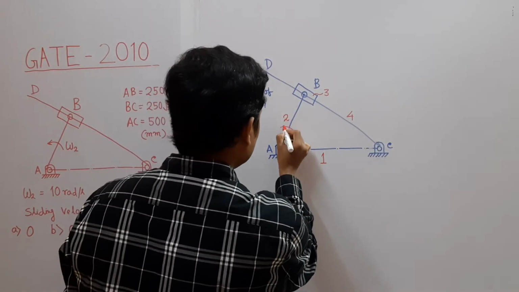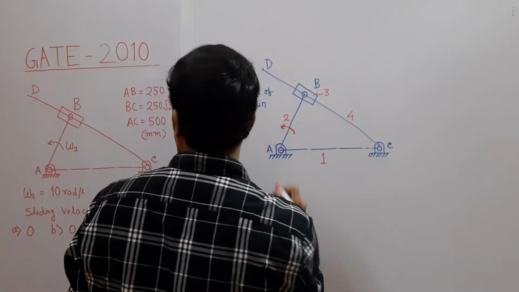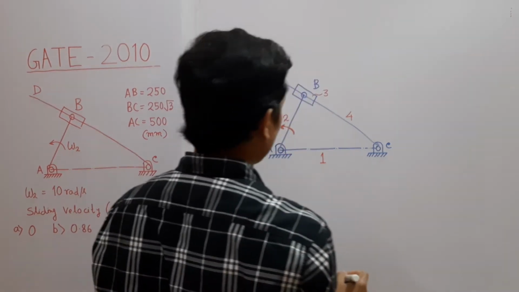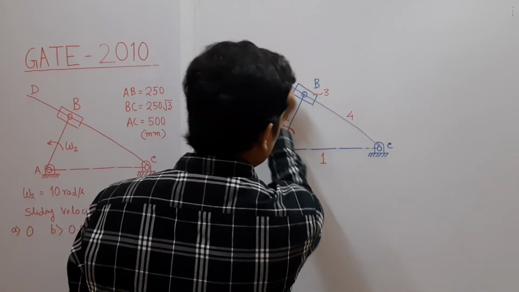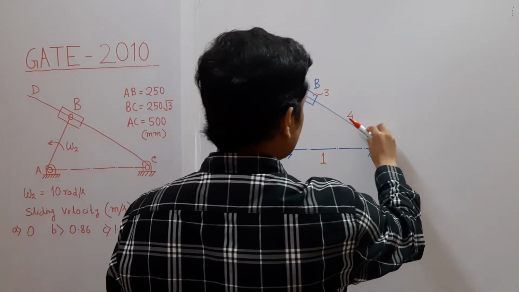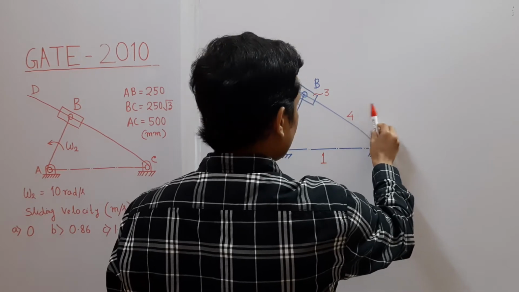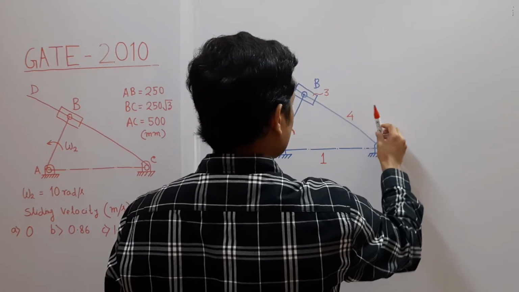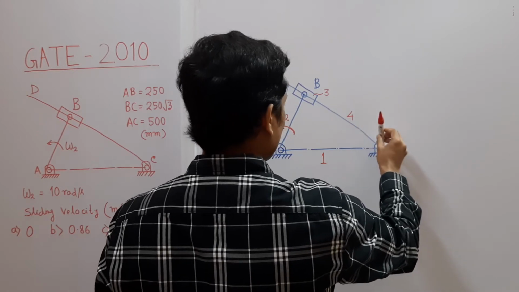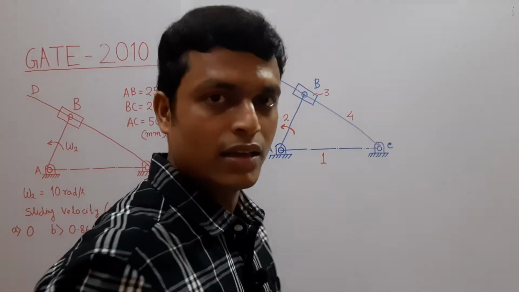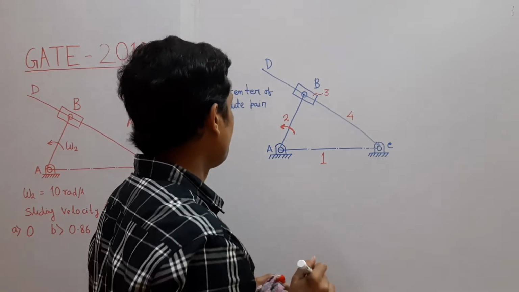What will happen? Crank is rotating with an uniform speed, that is 10 radian per second. As a result, the slider will slide along the CD, and this CD is called as oscillating link, which will oscillate about center C. So the link number 4 will oscillate about center C. So this is an oscillating link.